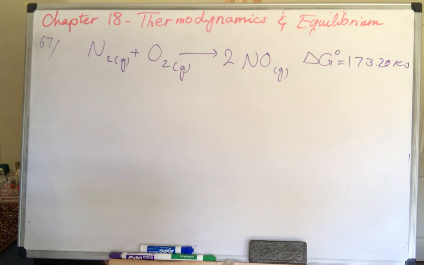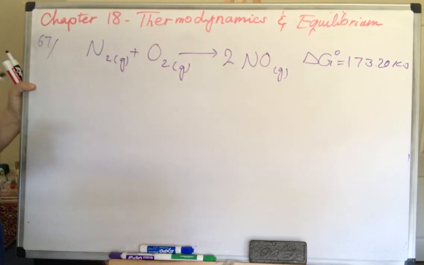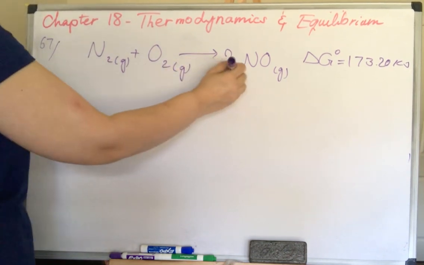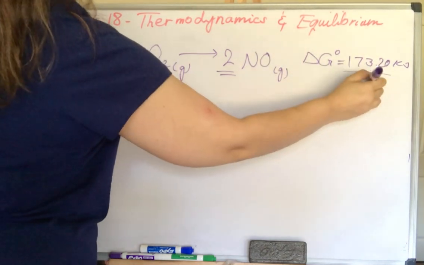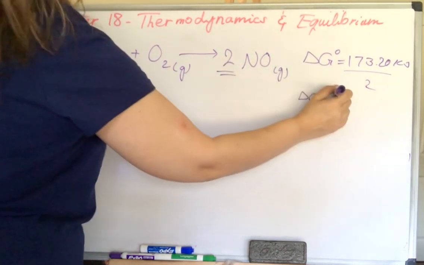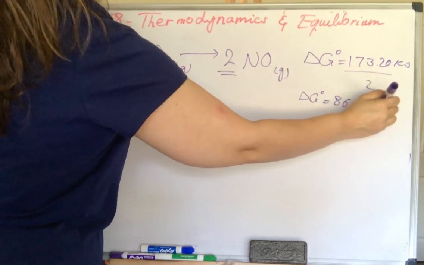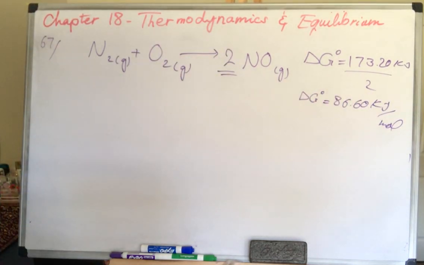What can we say about this reaction as far as spontaneity? You see you have 2 moles of NO. It's supposed to be per mole, so you divide by 2, and delta G standard is going to be 86.60 kilojoules per mole, because you need delta G standard for 1 mole.